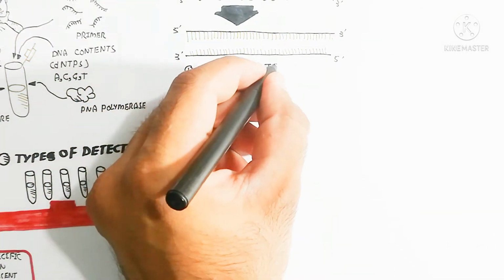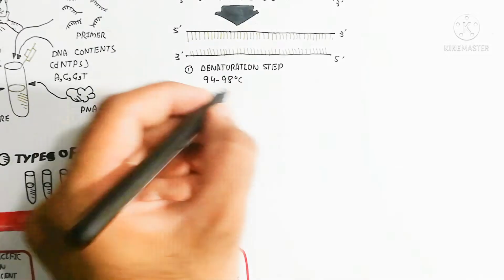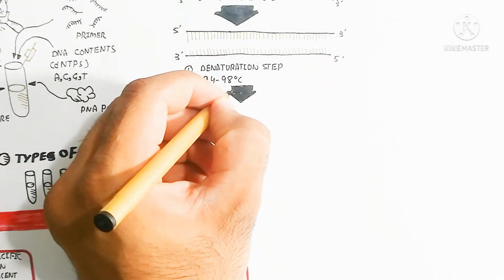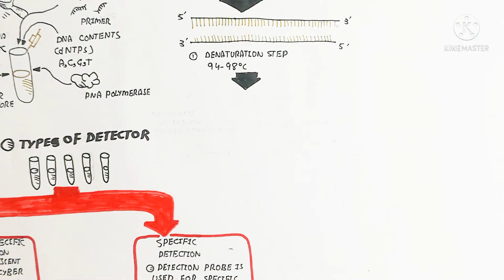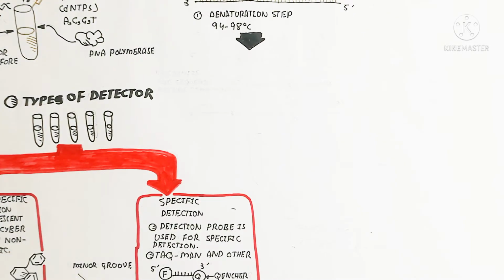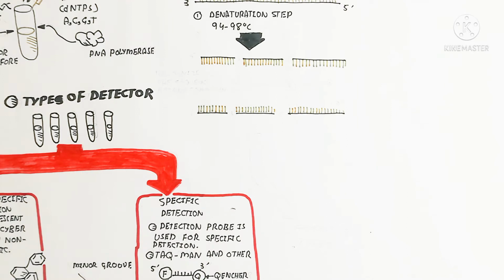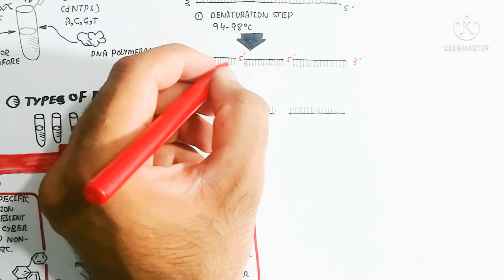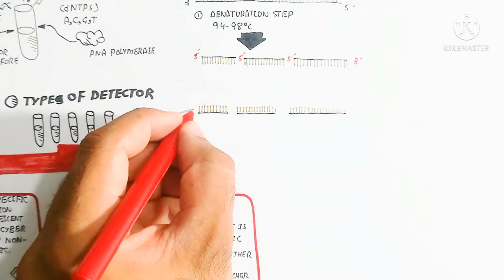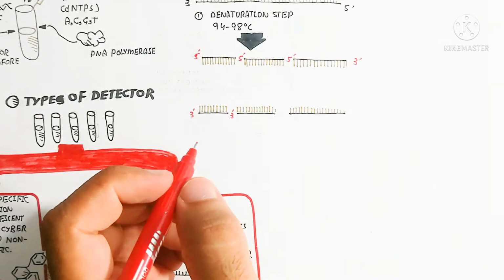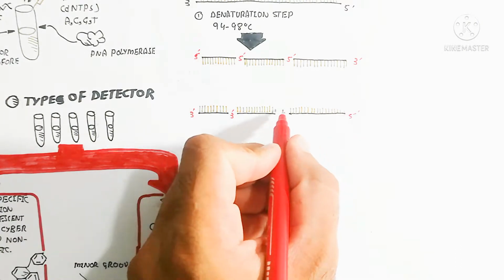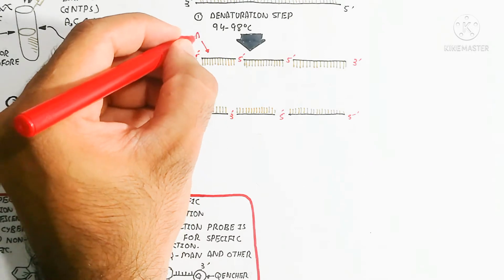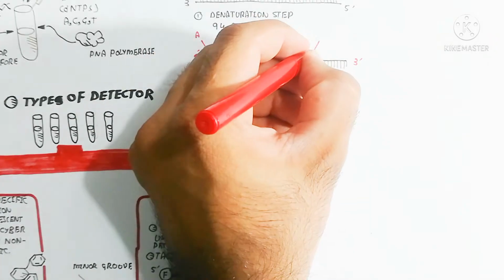Specific detection is where the DNA goes through the polymerase chain reaction: denaturation, then annealing, going from 98 degrees Celsius down to the annealing process, where the specific TaqMan primer binds the specific gene of interest. When it binds, the quencher is released, and after the detachment of the quencher, color is produced.